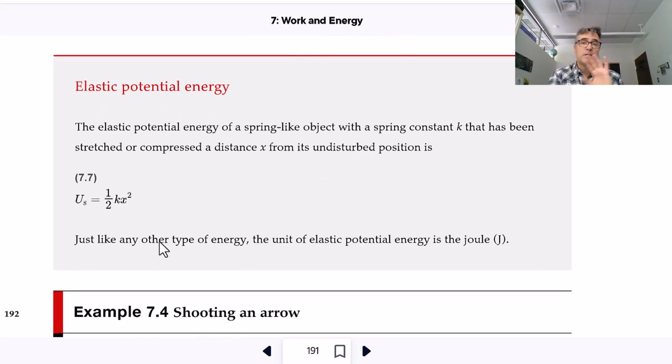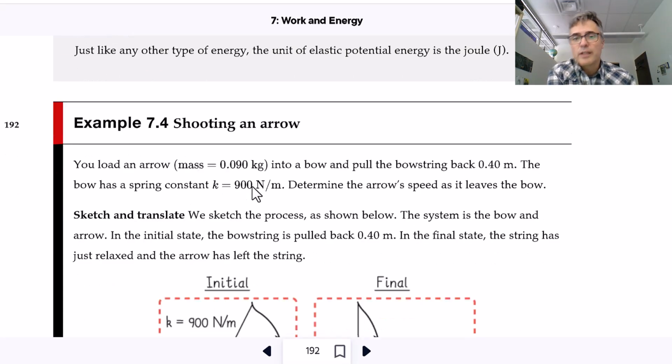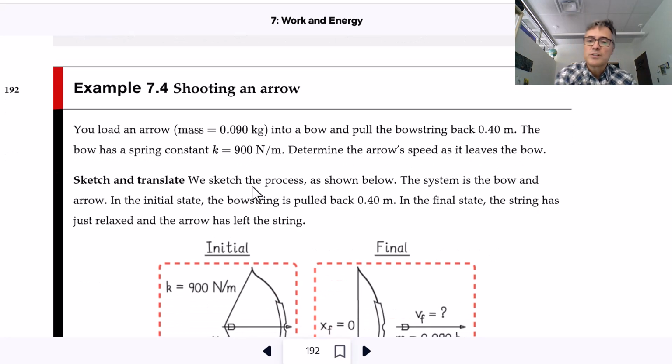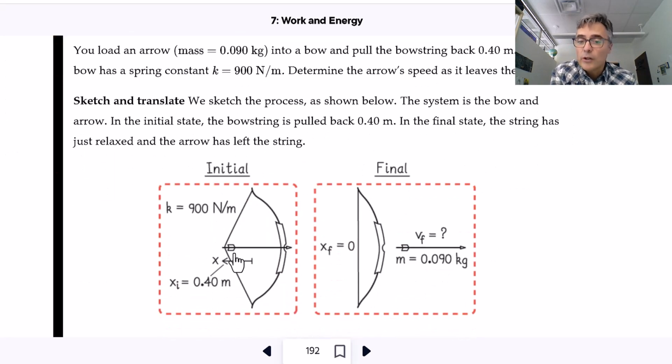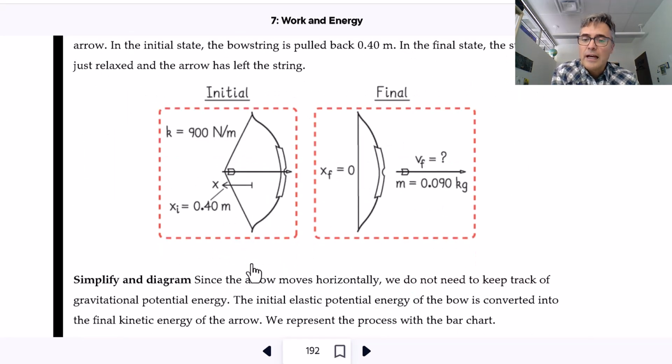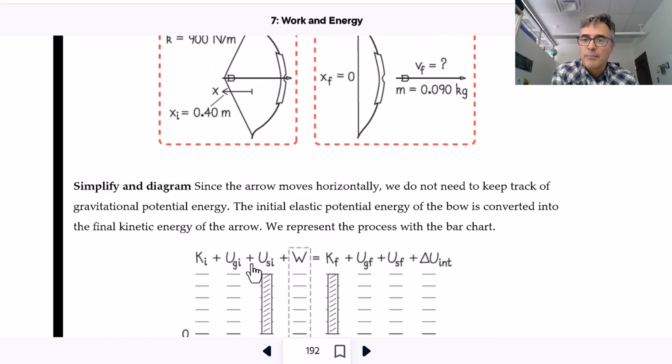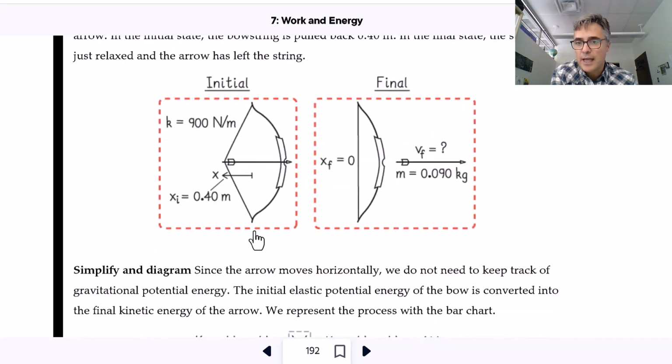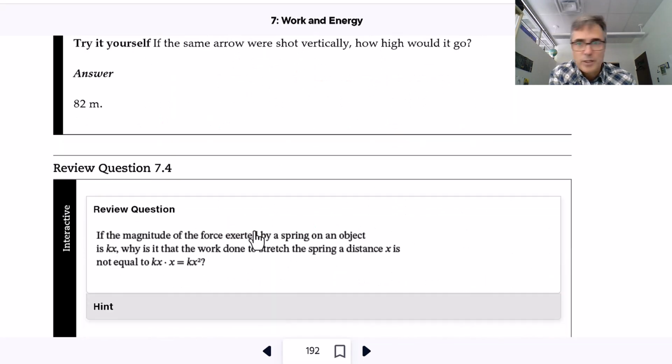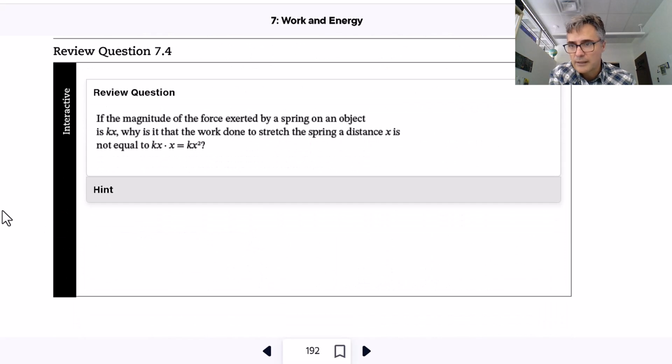So x can be positive or negative, but when you square x, you get a positive number, times k is a positive number. So this U sub S is always positive, and it's energy stored in a stretched or compressed spring. And they talk about shooting arrows. If you pull a bow backwards some distance, it acts like a Hooke's law x here, and you've got some potential energy which is proportional to x squared. And there are some questions on the pre-class quiz about exactly that.